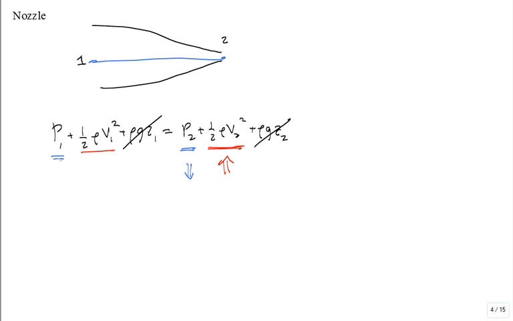So you think that P2 is less than P1. It went down compared to the inlet pressure. And that the kinetic energy, 1/2 rho V2 squared, is greater than 1/2 rho V1 squared. Do both of those statements look reasonable?